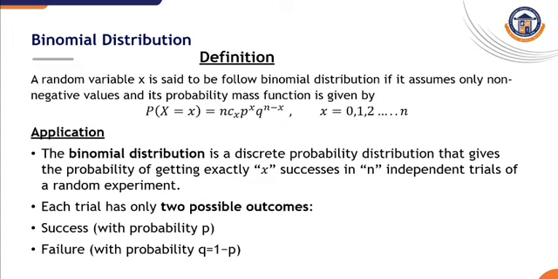Each trial has only two possible outcomes, one is a success and another one is a failure. The probability of success is called p, and the probability of failure is called q, which we represent as 1 minus p.